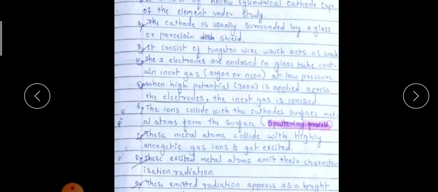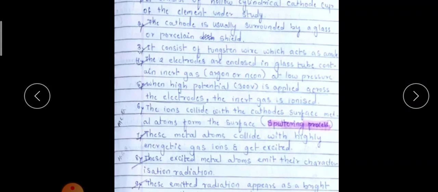When a high potential, near about 300 volts, is applied across the electrodes, the inert gas will start to ionize. The ions collide with the cathode surface and knock out metal atoms from the surface. That is called the sputtering process.